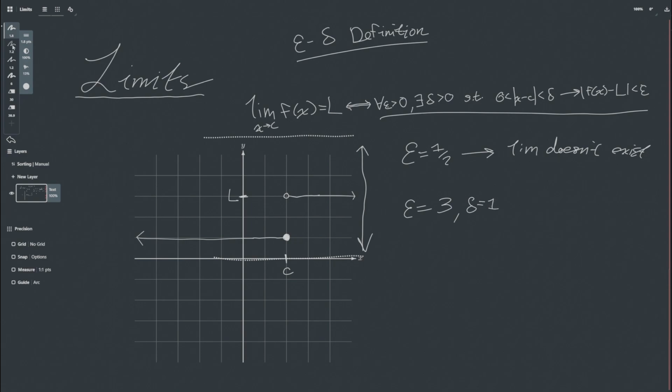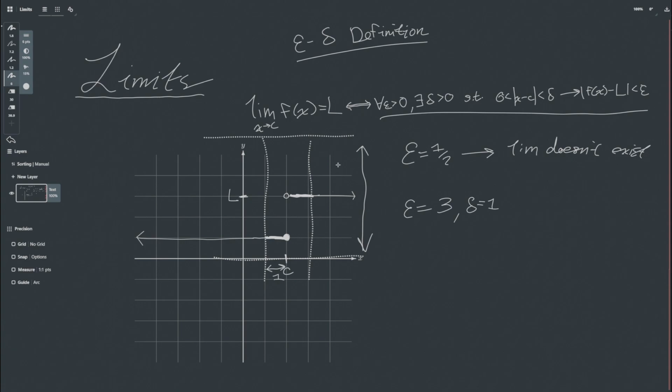So we'll have this x range right here. Because again, there's a distance of 1 between c and our left bound, and c and our right bound. So let's look at all of the values of our function that lie within this horizontal range. So we got all of these values down here, and then we have these values up here.